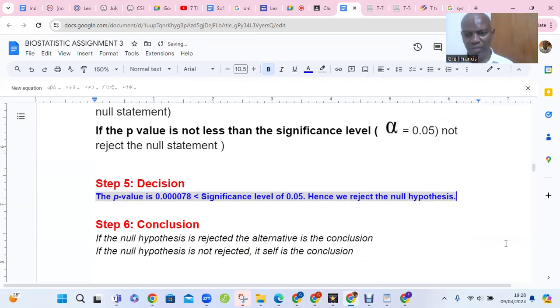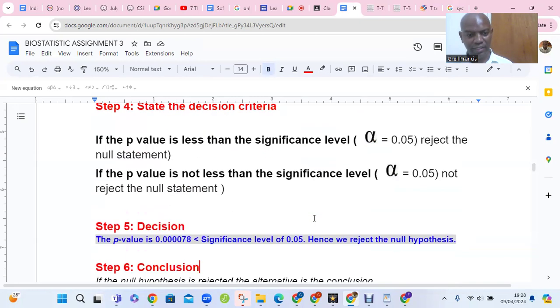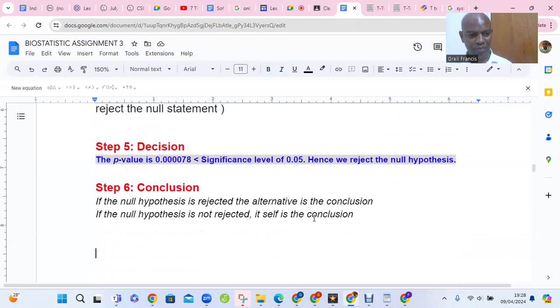So remember, the null hypothesis was saying that the means are equal. Okay, that's what the null hypothesis is saying. And we have rejected that hypothesis. So we are concluding with the alternative hypothesis saying that the mean of the new drug is less than the placebo.